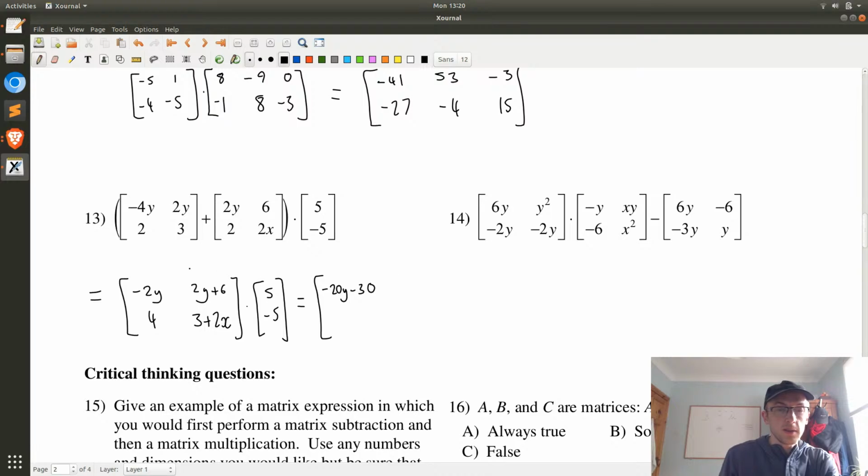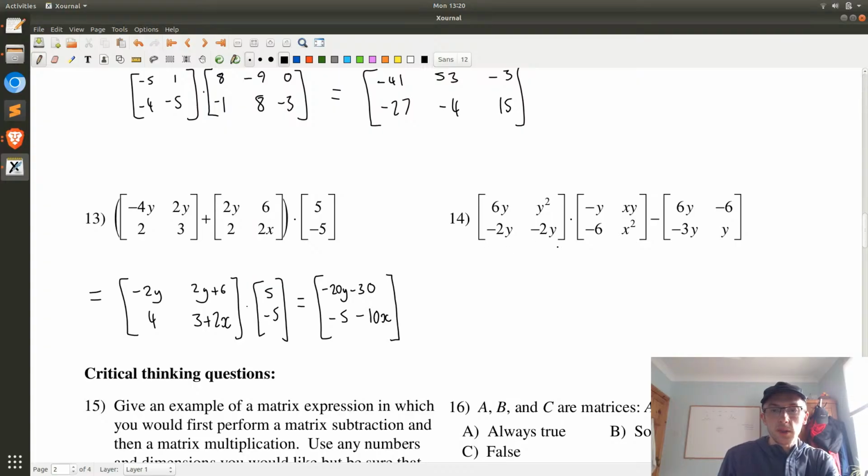Excuse me, this is just totally mistaken. We now have the entry on the top. So now we can just do 4 times 5, so 20. 20 take 15 is negative 5. So negative 5 take 10x. And that's fine.